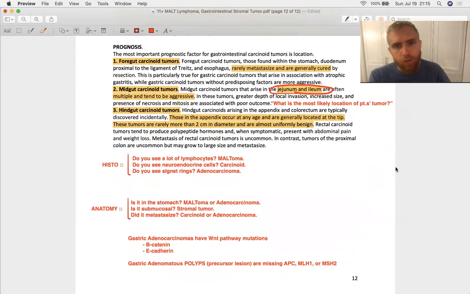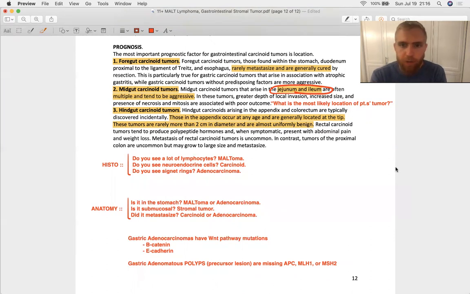So the prognosis for this, what this paragraph is telling you is that they're going to metastasize these carcinoid tumors if they arise primarily from the jejunum and the ileum. Otherwise, they're more than likely going to stay where they are. Like foregut carcinoid tumors, rarely metastasized, generally cured.